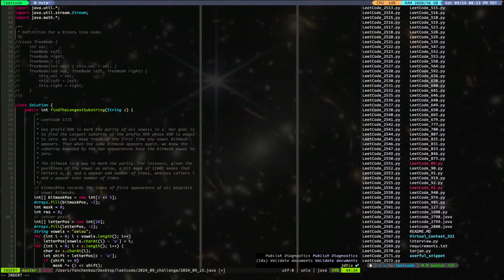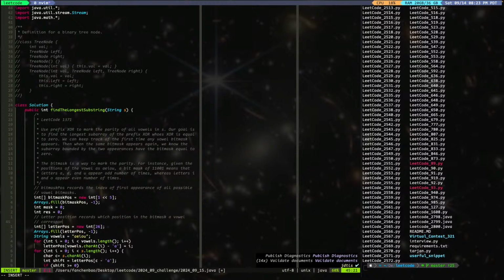Letter position records which position in the bitmask a vowel corresponds to.